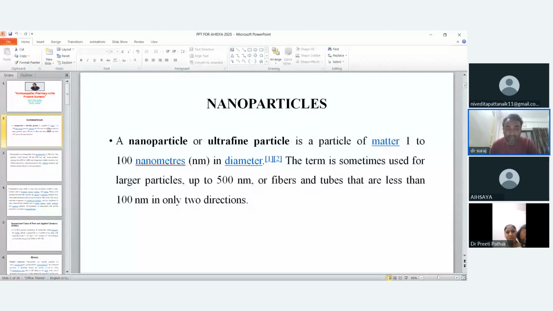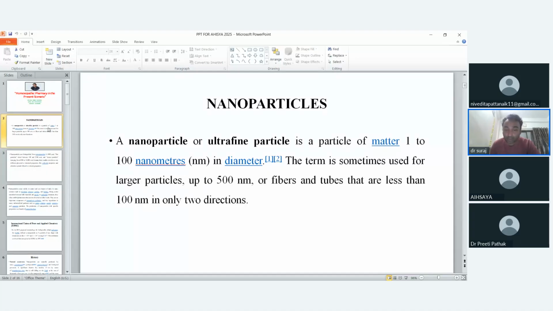So basically, a nanoparticle or ultrafine particle is a particle of matter which lies between 1 to 100 nanometer in diameter. Sometimes the term is also used for larger particles up to 500 nm.